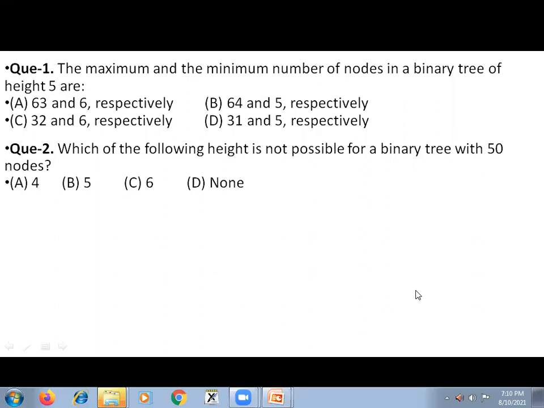Okay, so read the question properly. Which of the following heights is not possible for a binary tree with 50 nodes? See, it says binary tree with 50 nodes, and he is asking which height is not possible. Right? So I will quickly work this out as per our formula.